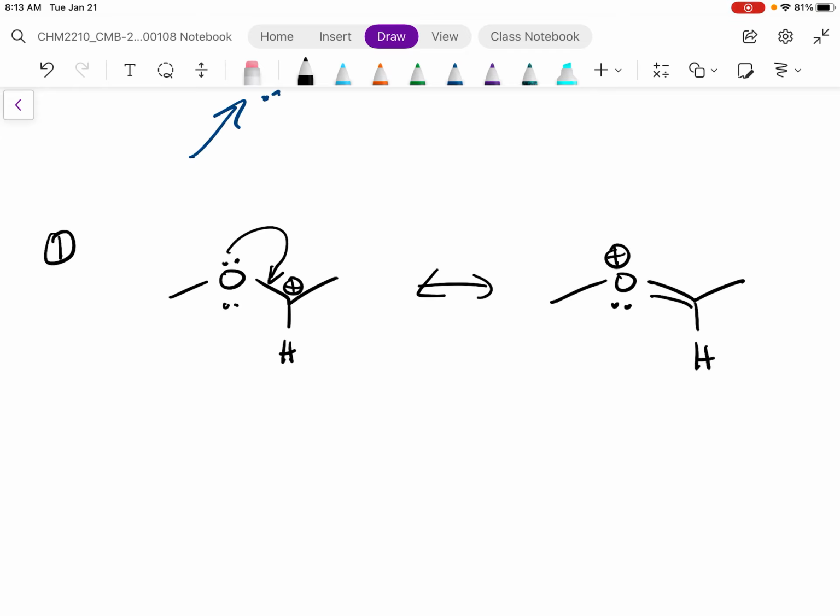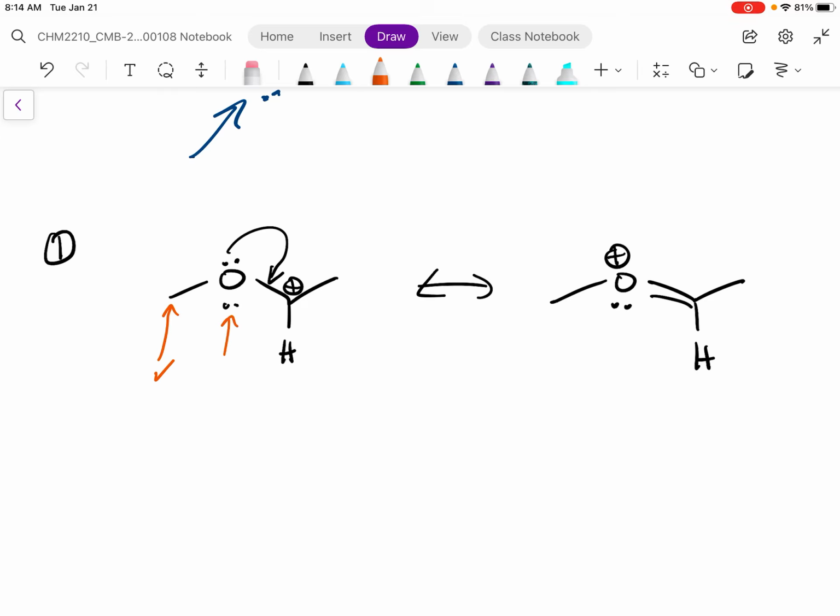When we take a look at those two resonance structures, which one is the most significant one? Let's read the rule again. The most significant resonant forms have the greatest number of filled octets. So what that's saying is you need to evaluate each atom. Does that have an octet? Yes.